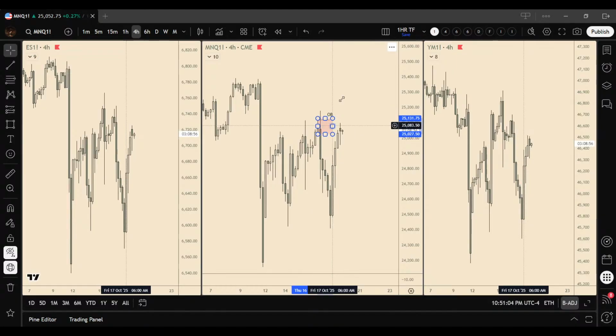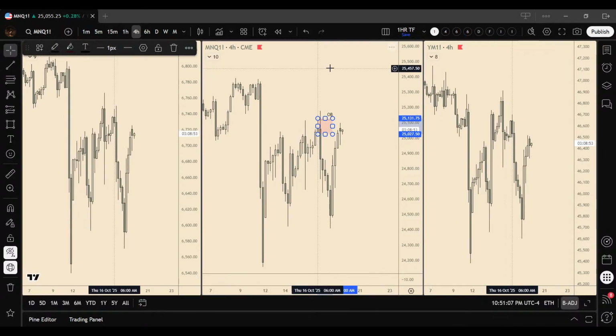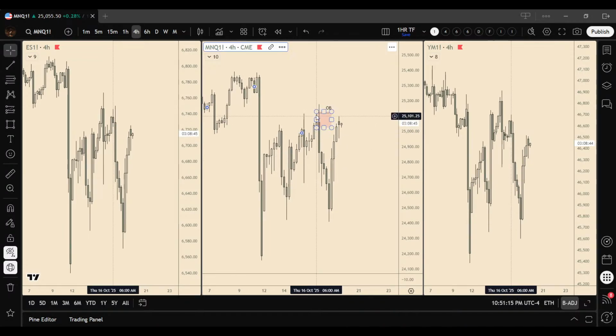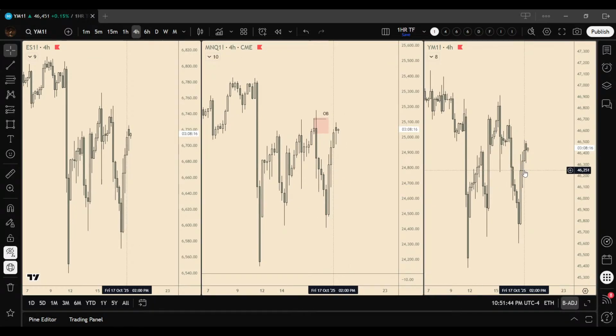I also like to call them order blocks because what you see is once price traded above this high here, in this piece of time, when price moves up during this movement, it swept the liquidity from this candle and then fell lower.